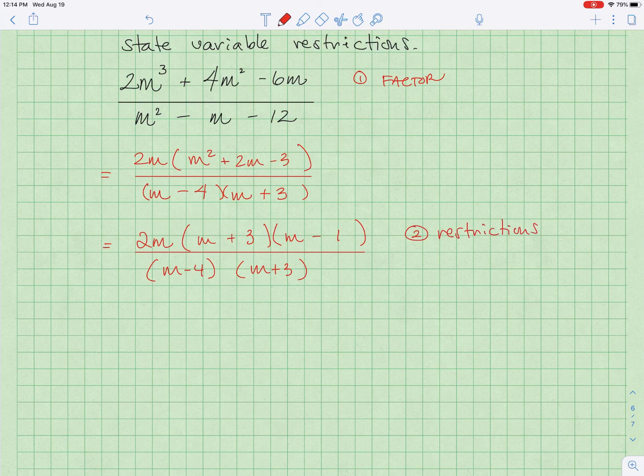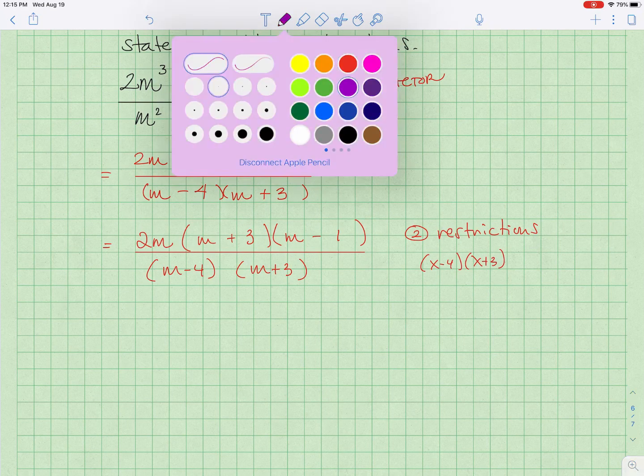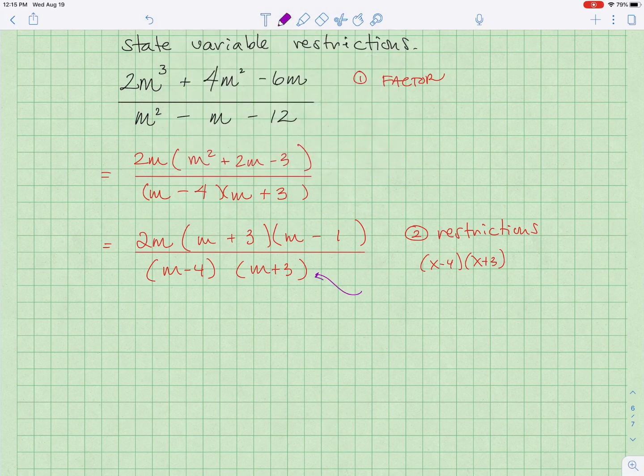we'll find our restrictions. X minus 4 times x plus 3, the denominator, Q of x will be equal to 0 if x equals a positive 4 or a negative 3.